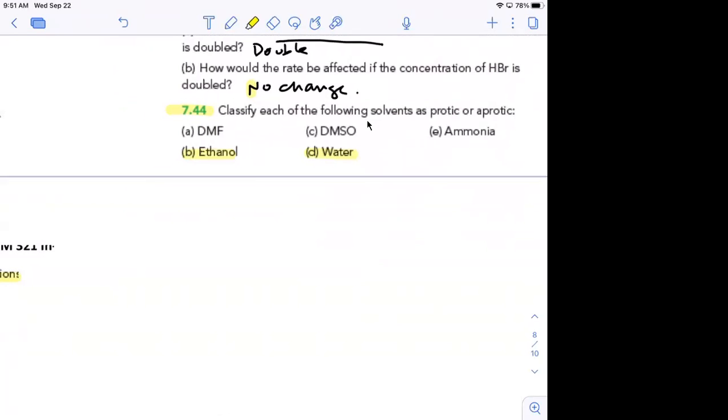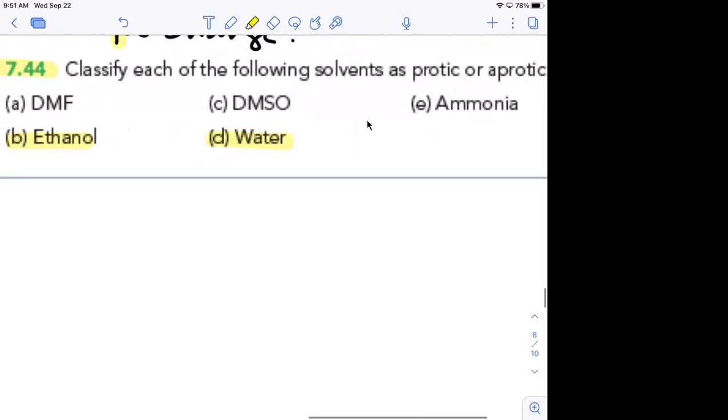Protic or aprotic? Water is protic. What about ethanol? All alcohols are protic. Alcohols, acids, water, carboxylic acids, all protic. They can all give up H+.